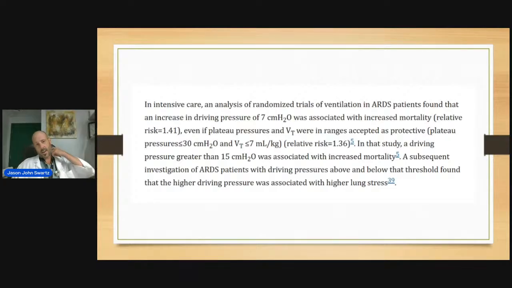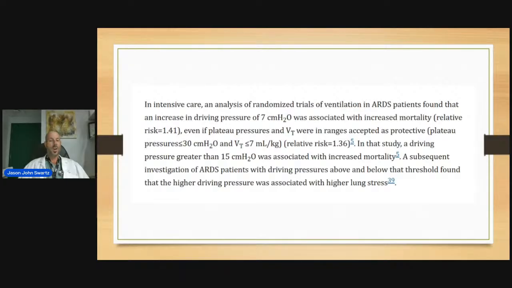So, in the intensive care, an analysis of randomized trials of ventilation in ARDS patients found that an increase in driving pressures of 7 was associated with increased mortality, even if the plateau pressures and the tidal volumes were in the accepted range of protective lung ventilation: plateaus below 30, tidal volumes below 7 mLs per kilogram of ideal body weight.